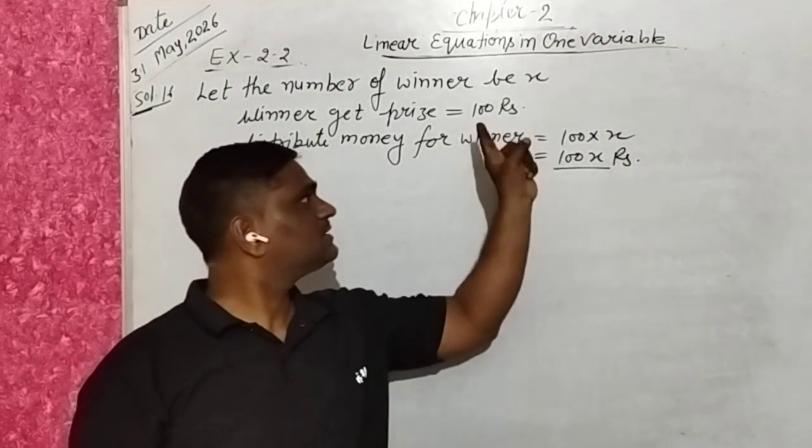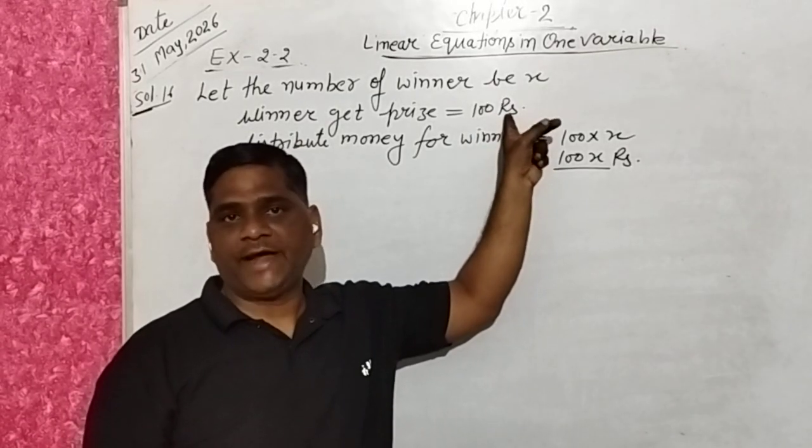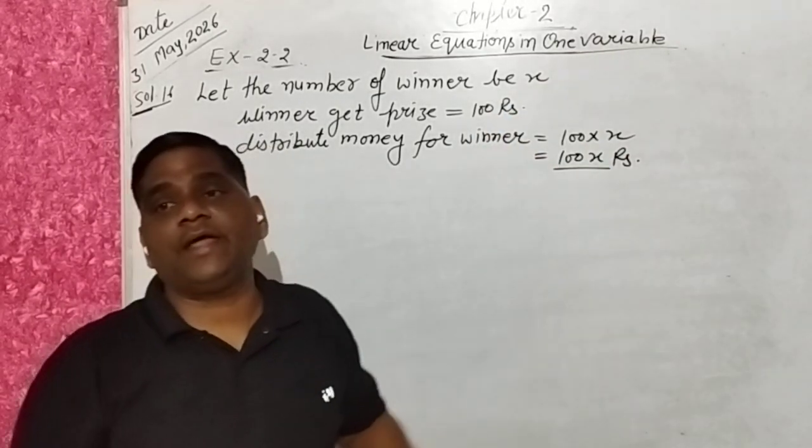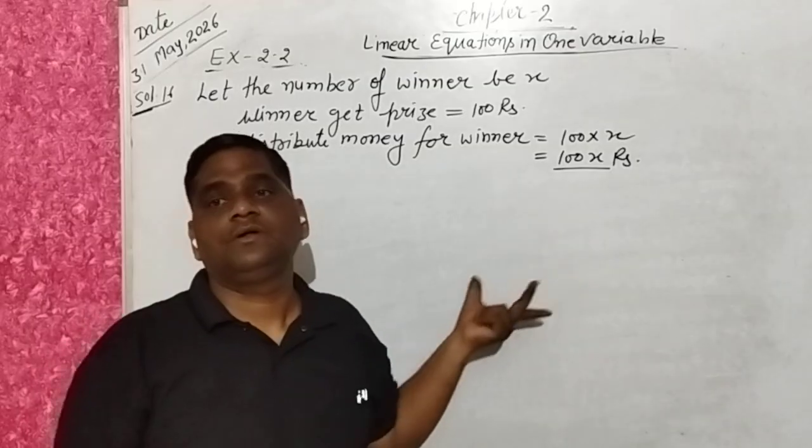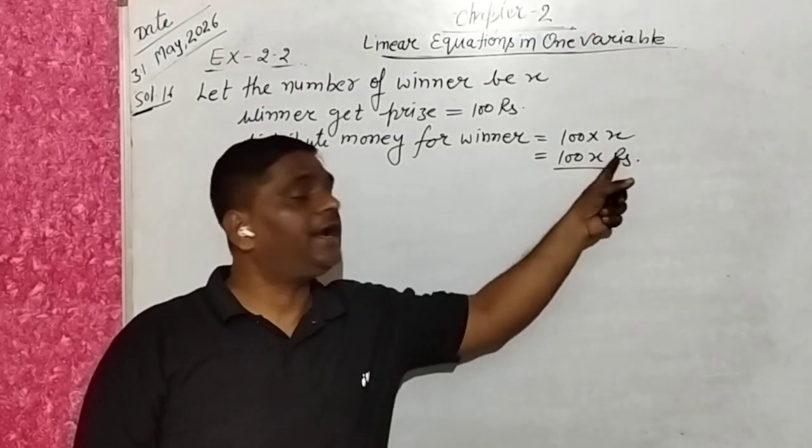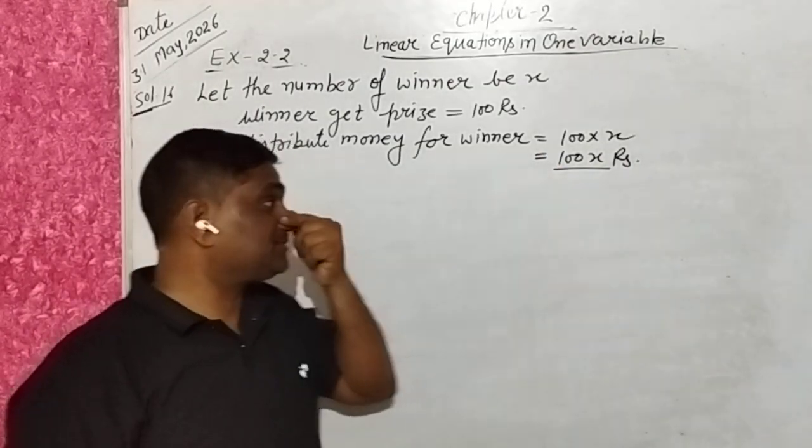Number of winners x, one winner gets 100 rupees. Then how much money do winners get? 100 into x, 100x rupees.